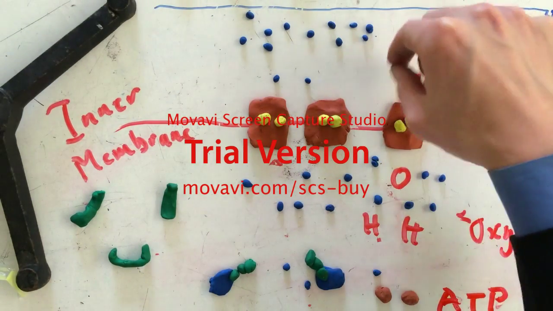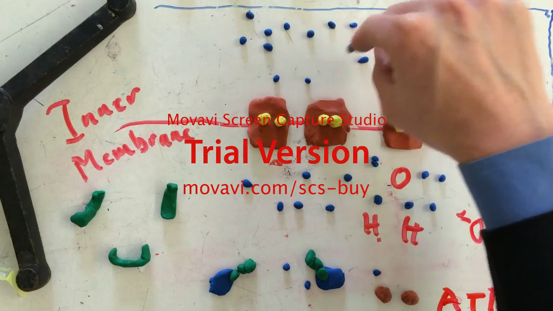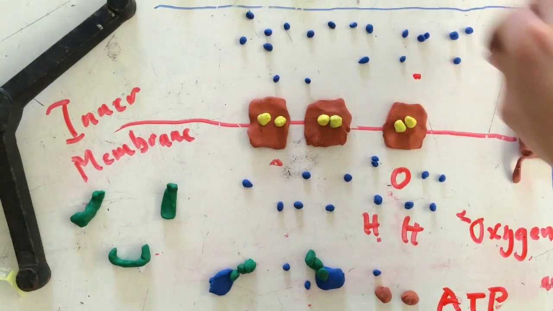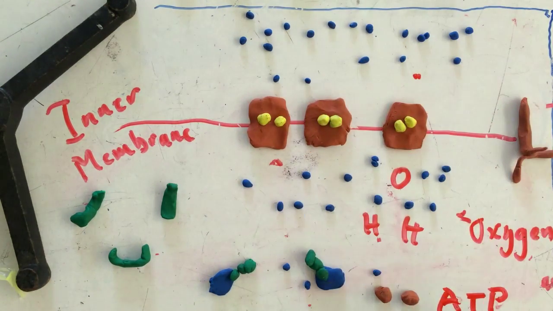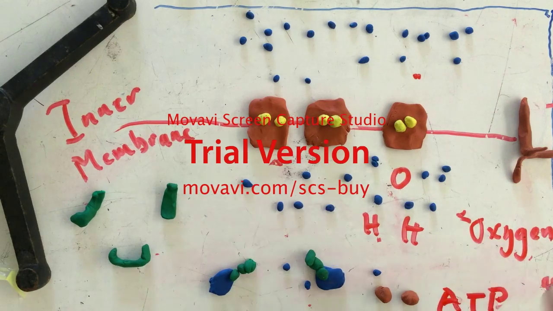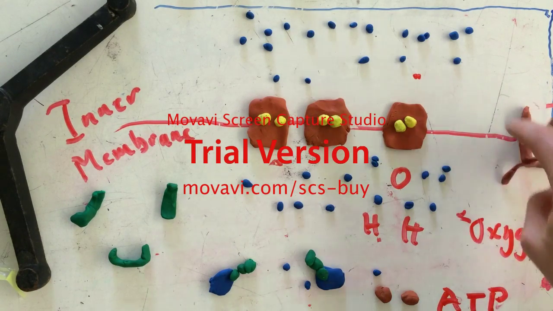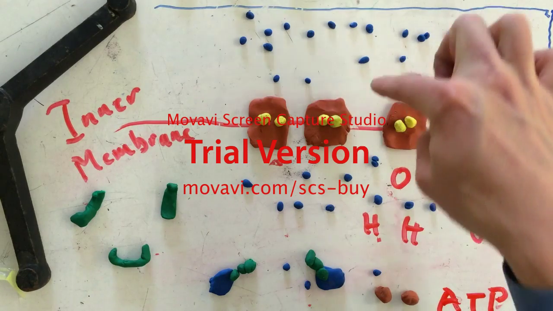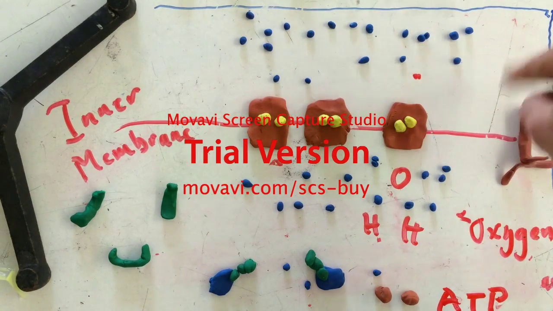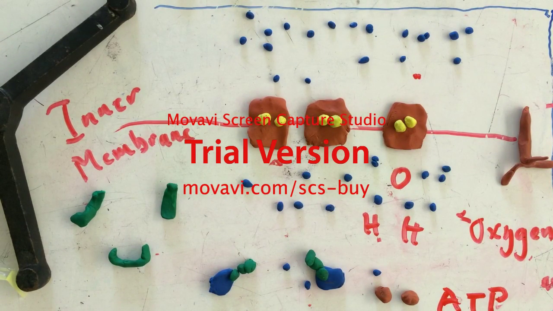And once that happens, there won't be any ability for any more to flow back in. And your cell will stop making ATP, because ATP synthase can no longer spin, because they're equal amounts and there's no net movement in or out. So at this point, you're basically dead because you're not producing ATP anymore.